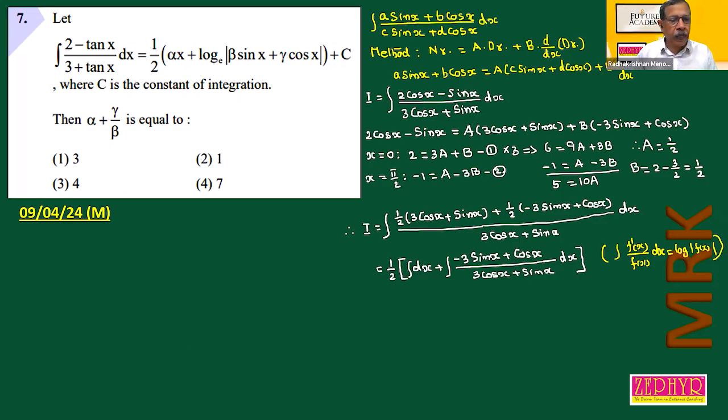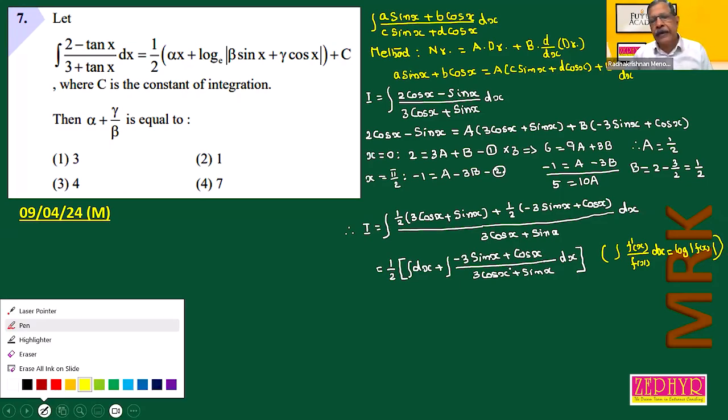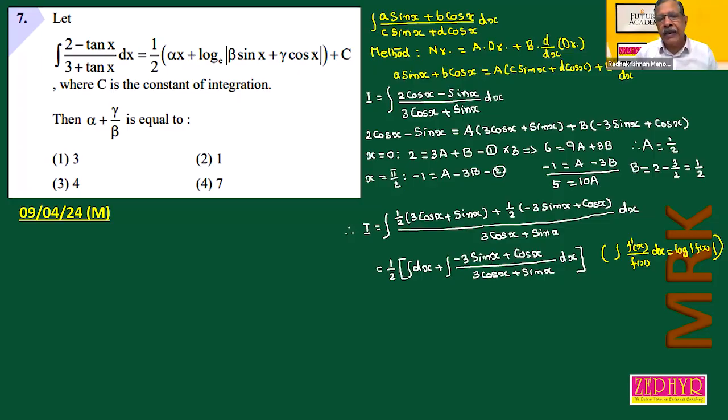So in the second integral, the numerator is exact derivative of the denominator. So when you integrate this, you are getting 1 by 2 into x plus log of mod denominator 3 cos x plus sin x.